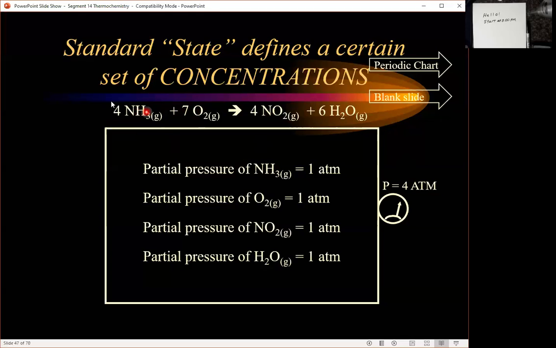So when we talk about a standard state set, we're talking about a certain fixed set of concentrations. That is critical. We're going to cover some of this kind of stuff very early in Gen Chem 2. And you've got to understand that when we're talking about the standard heat of formation involved in a reaction, we're talking about a certain set of concentrations.